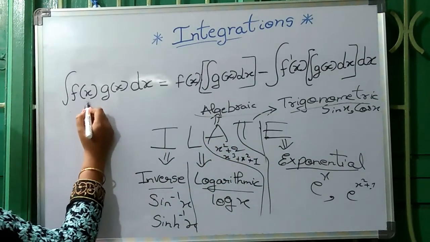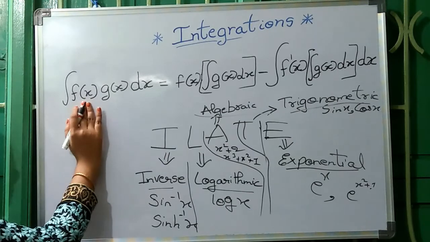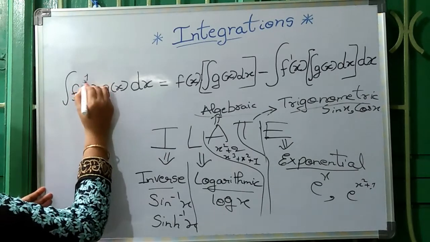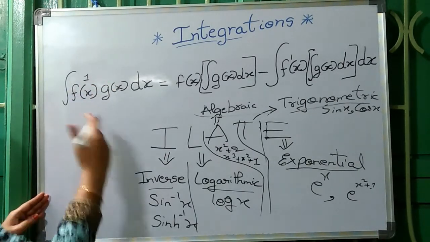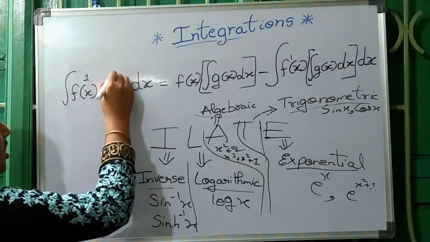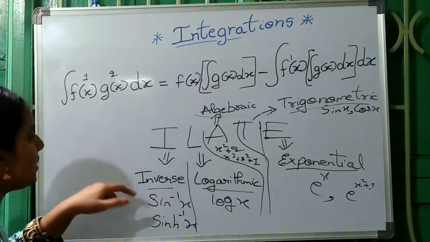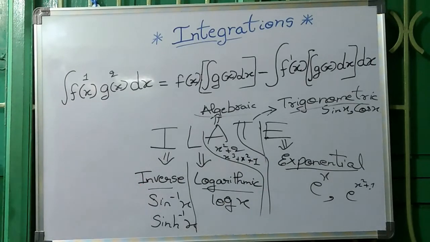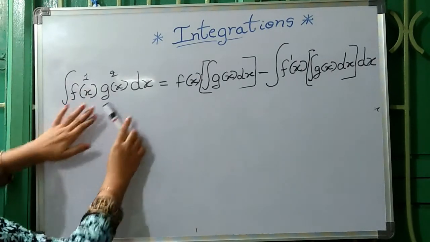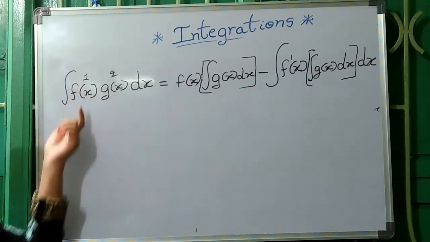So if one function is an inverse function, it is given first priority. Let f of x be the first priority function, and g of x the second priority function.